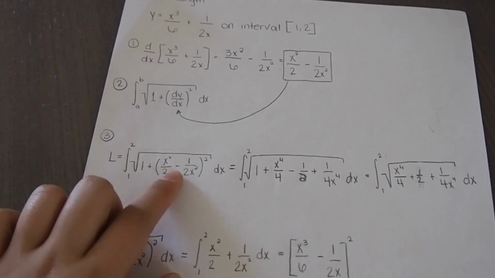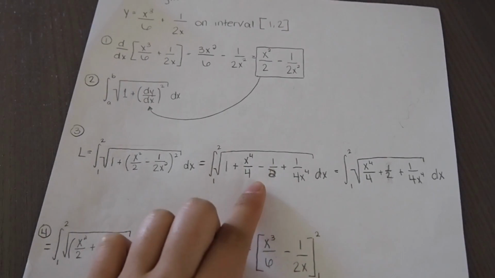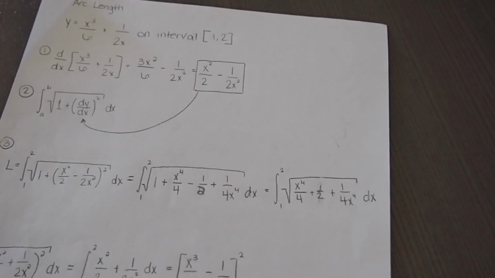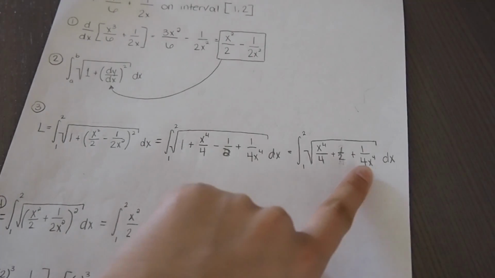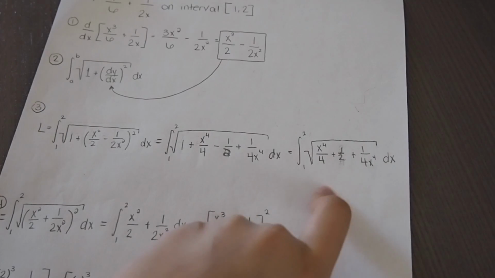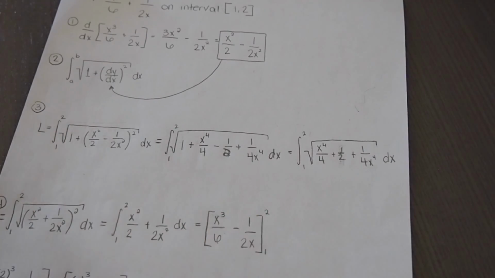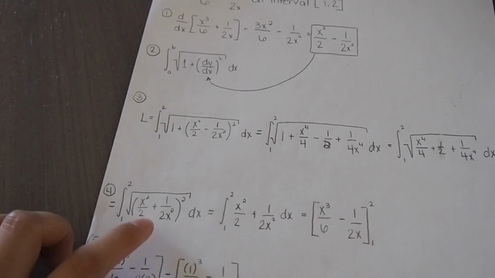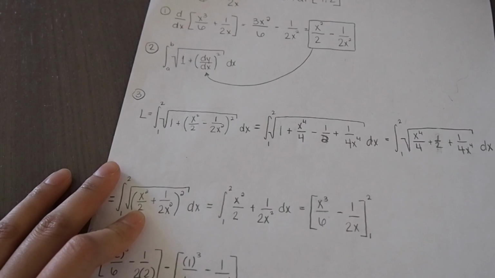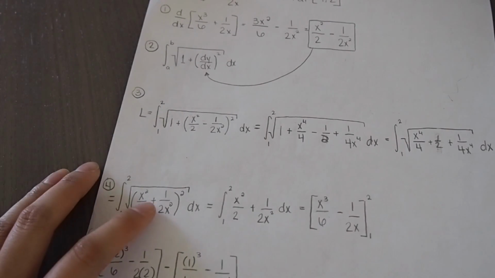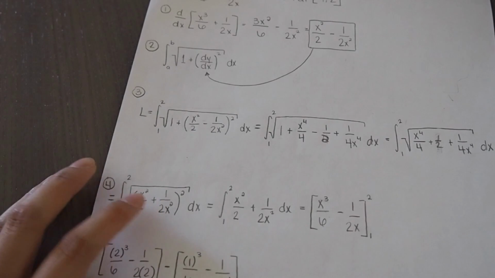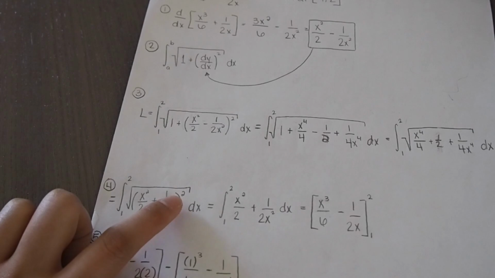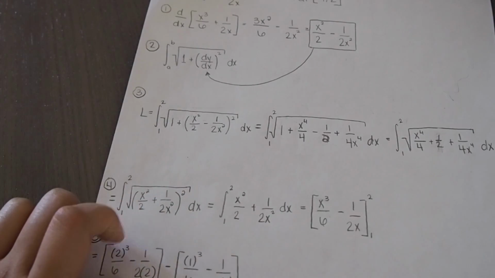After multiplying everything out and simplifying so that we can find the definite integral, we get the square root of x squared over 2 plus 1 over 2x squared, the whole quantity squared, and this square root and square cancel each other out.